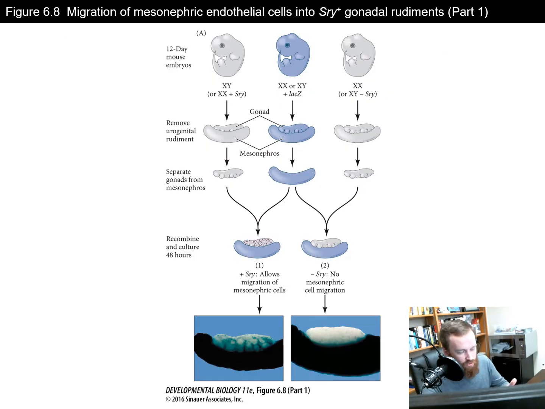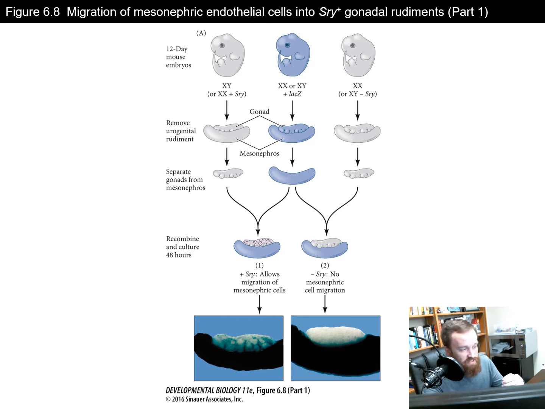One key milestone of testes development is when cells called mesonephric endothelial cells migrate from adjacent kidney tissues into the rudimentary gonads. These cells move from the kidneys into the rudimentary gonads and form blood vessels.